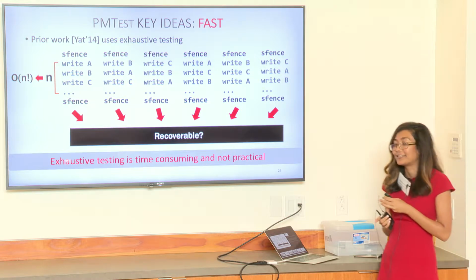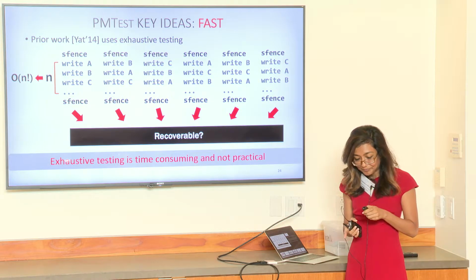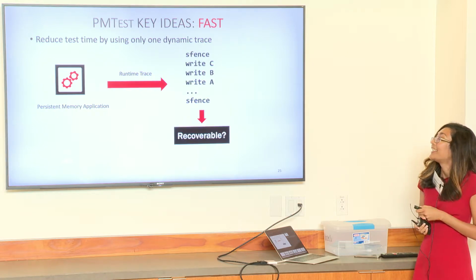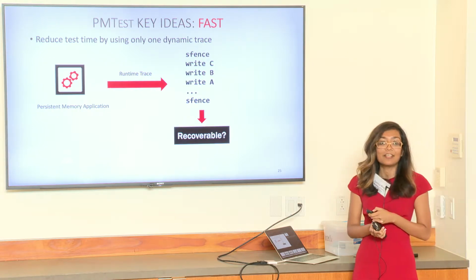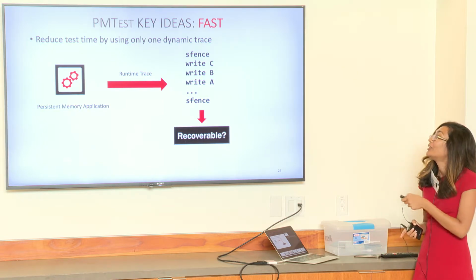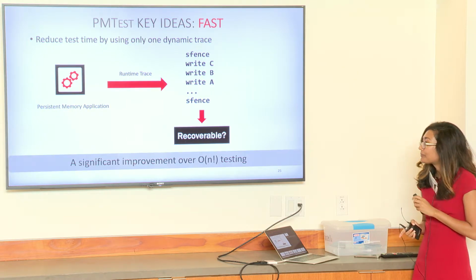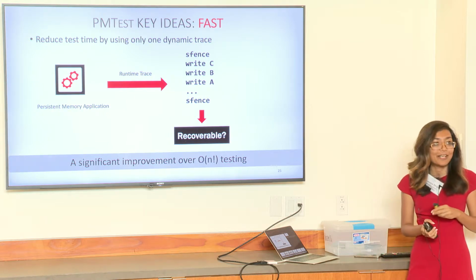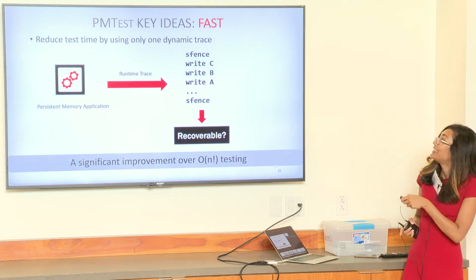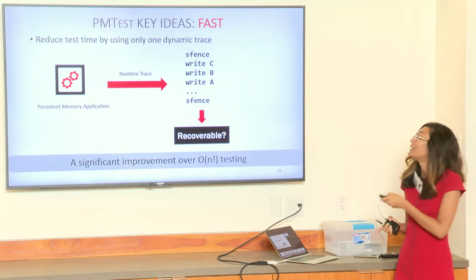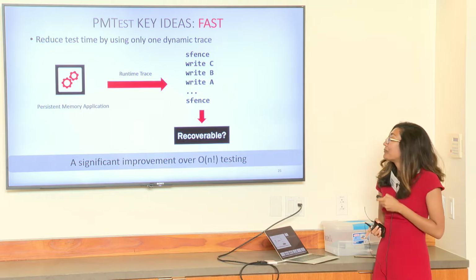And it's just not practical. So what we want to do is take a trace at runtime and somehow infer all that information just using that trace. It's a significant improvement from order factorial n, but the question is how to infer all possible combinations from just one trace.